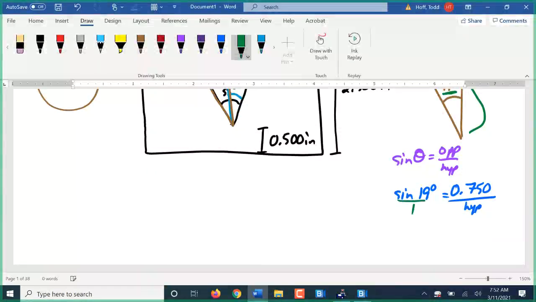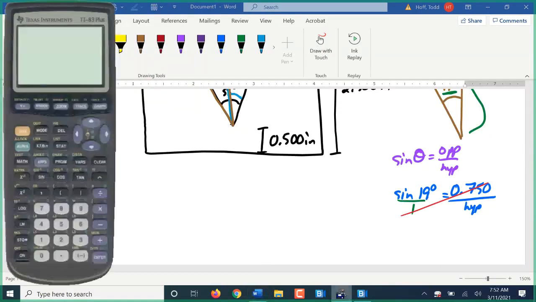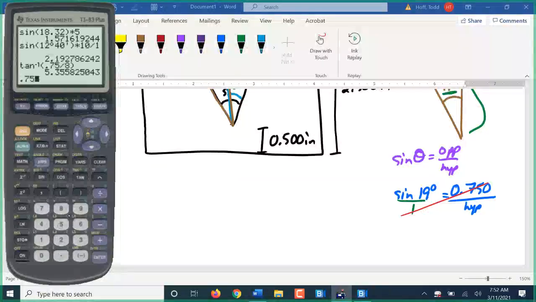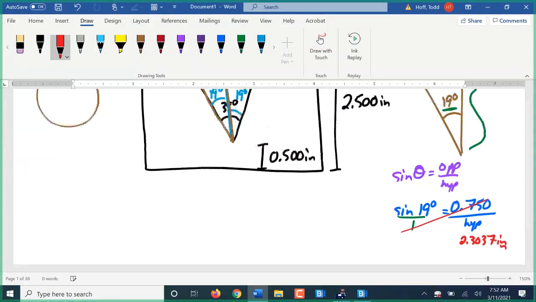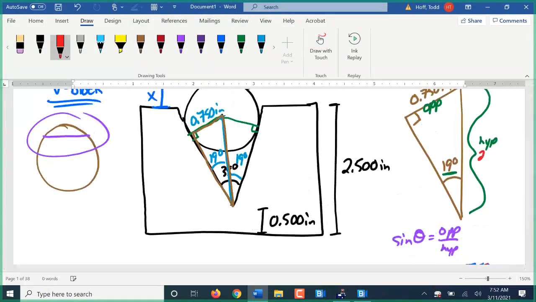So I put the sine over 1 and I cross multiply and divide. 1 times 0.75 is just 0.75, divided by the sine of 19 gives us 2.3037 inches. So this here is 2.3037 inches. That's this height here.